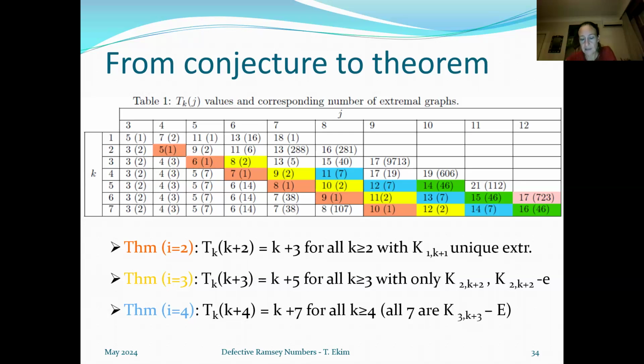Maybe just one more thing, then I conclude. So we could show these 3, but it doesn't seem that we can show the whole conjecture with the same approach, because every time i grows, there are more cases for the degrees of the vertices to consider.